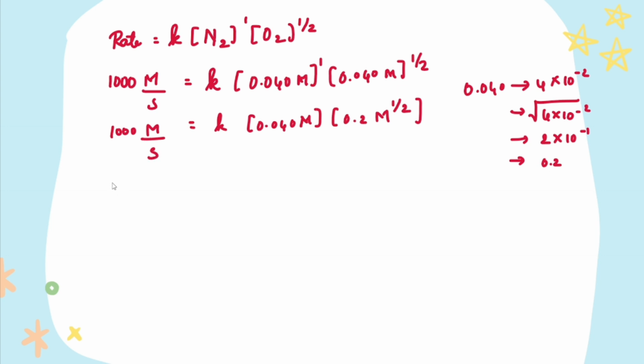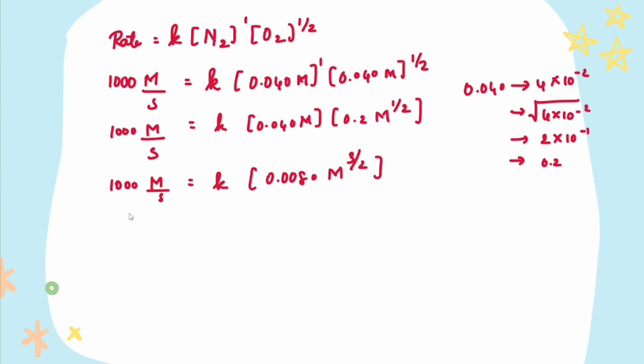Now if we solve this, what will we get? k into 0.040 into 0.2 will be 0.0080. This M and M will be added because it is multiplication, right? So 1 plus 1 by 2, we will get 3 by 2.